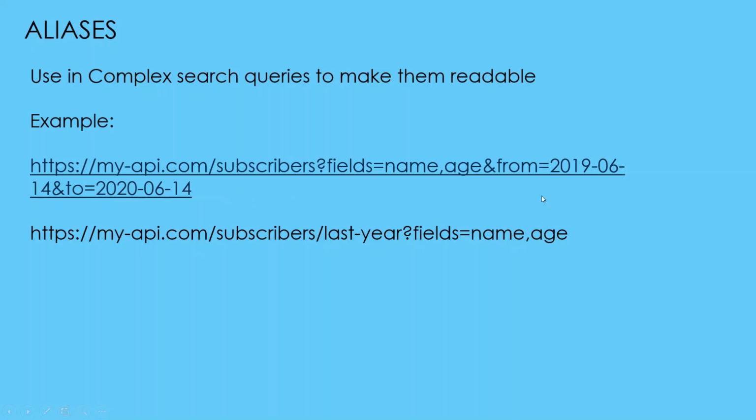So what we can do is separate these from and to query parameters and club them into a logical resource name, like in the second URL. The from and to are effectively telling a period of 1 year, right? From 14 June 2019 to 14 June 2020 is a span of 1 year. So we replaced this from and to with a last year resource, and then we can use the fields query parameter to get the name and age fields.